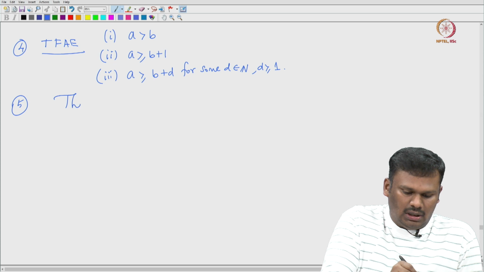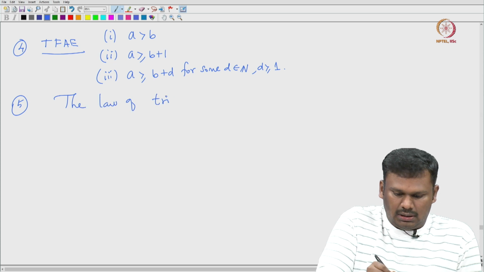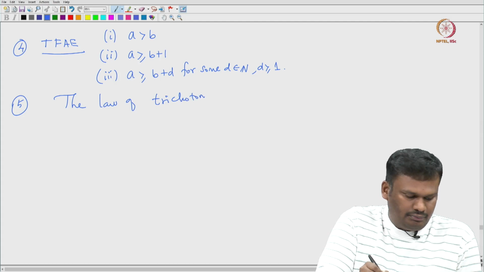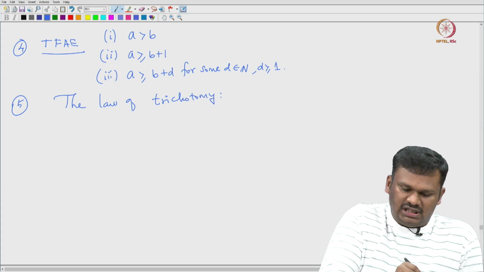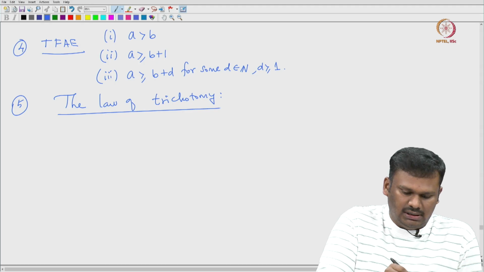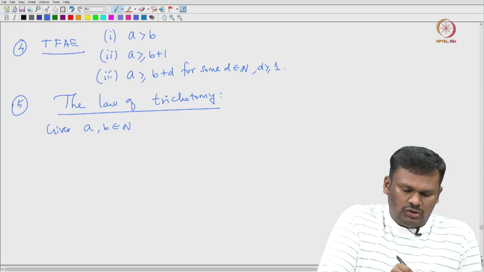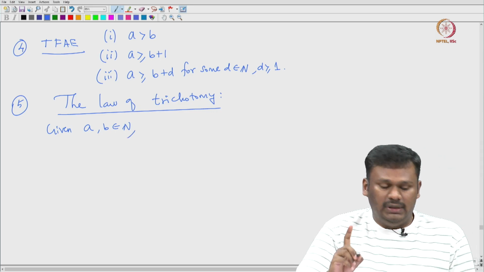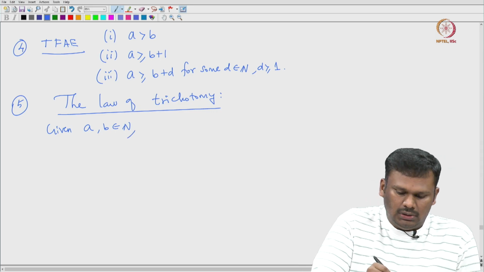So, this is the law of trichotomy, which says that given A and B in N, exactly one of the following is true.